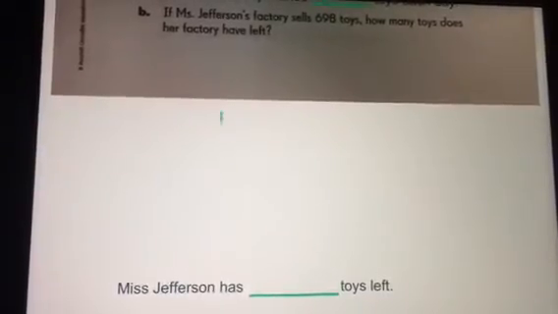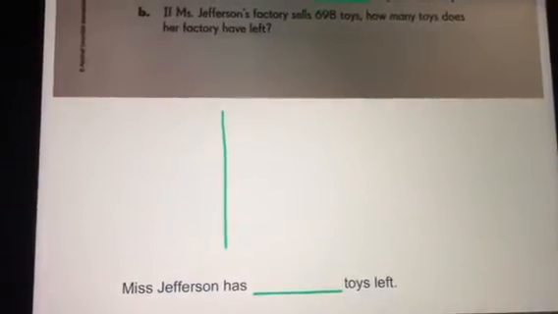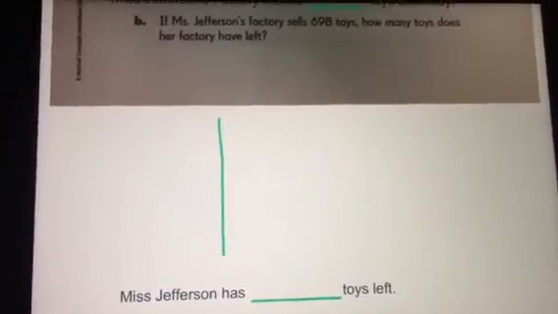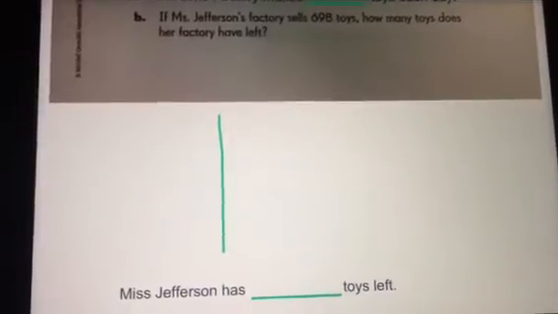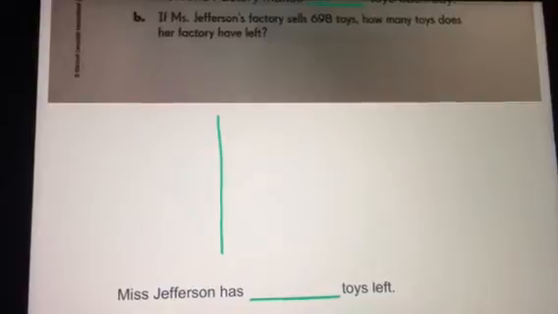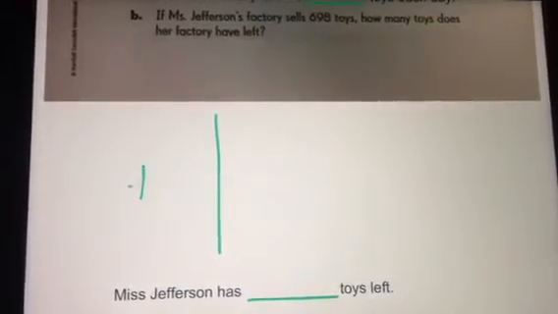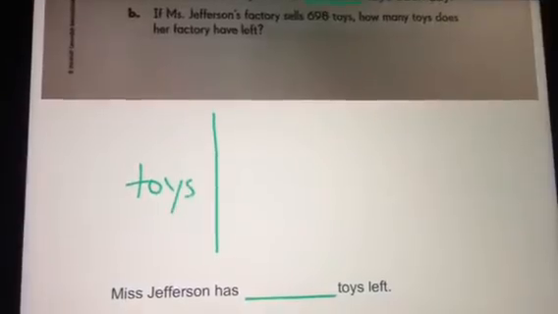And we can go ahead and draw the starting line. Now this time when you ask the question, who or what is this problem about, we're not comparing anything. It's simply asking us how many toys she has left, right? So we're talking about toys.